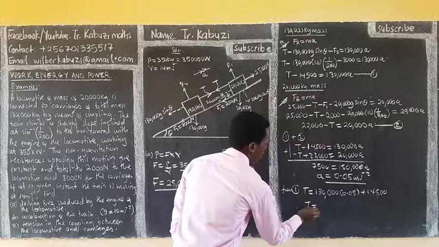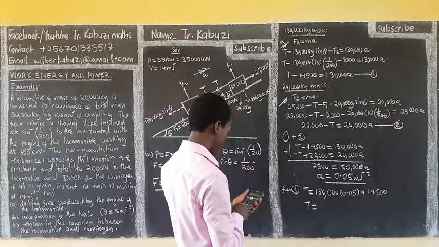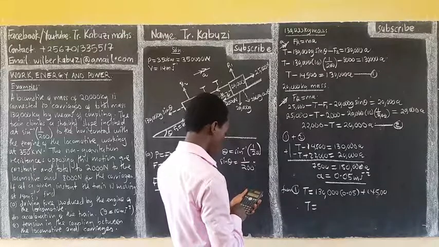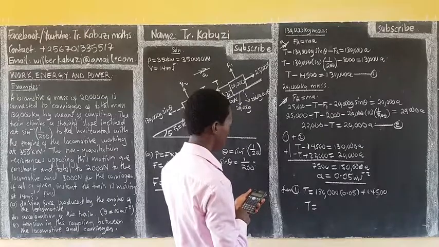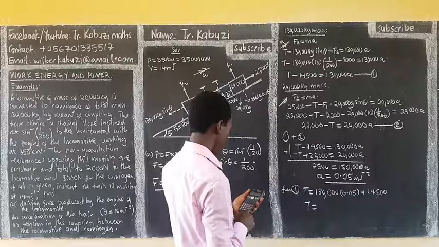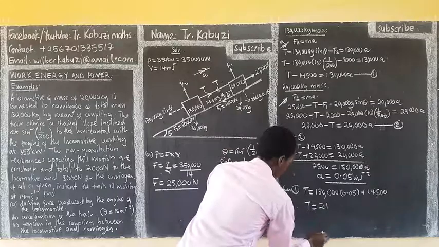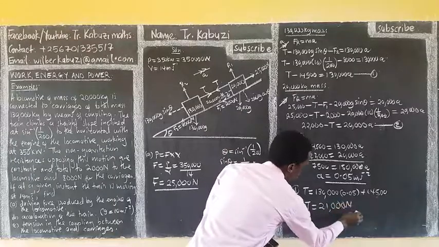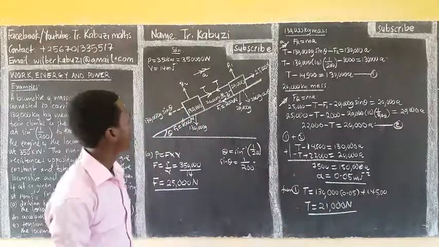So here our tension is going to be 21,000 newtons, and that would be our answer. So that's how we handle that.